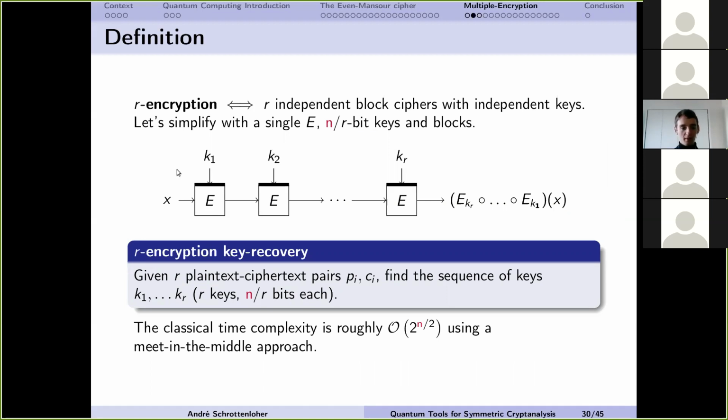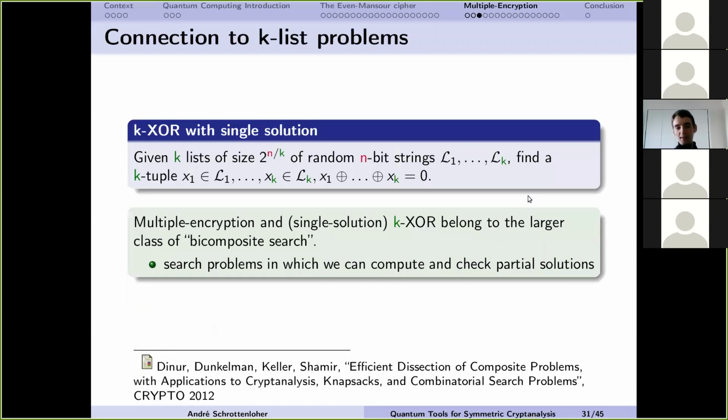For example, you can take all the keys K1 and K2 that map some X to some Y. And then you can take keys K3 and K4 that map Y to another value, and so on. In the case of sums like this, you can take smaller sums that have some prefix condition, and you can keep this prefix condition alongside if you take bigger sums of it.